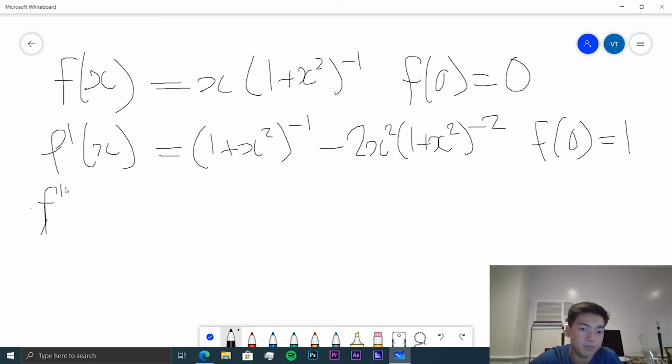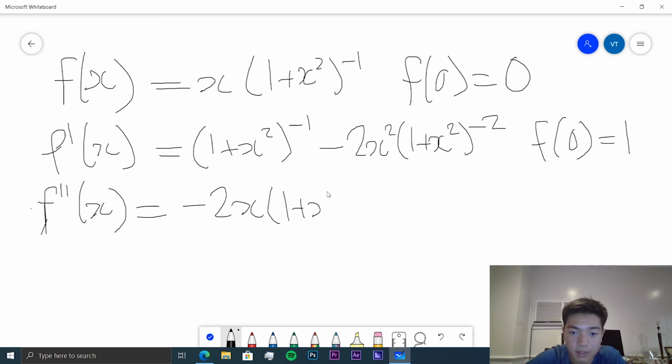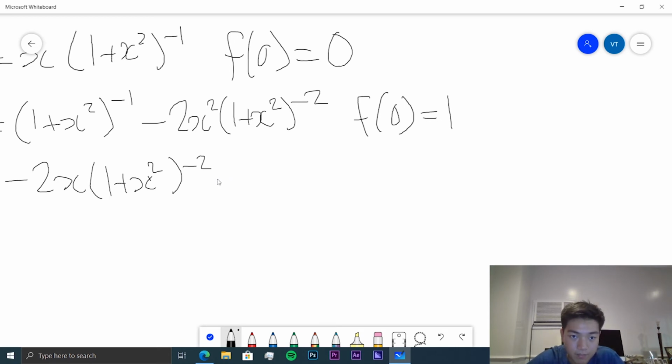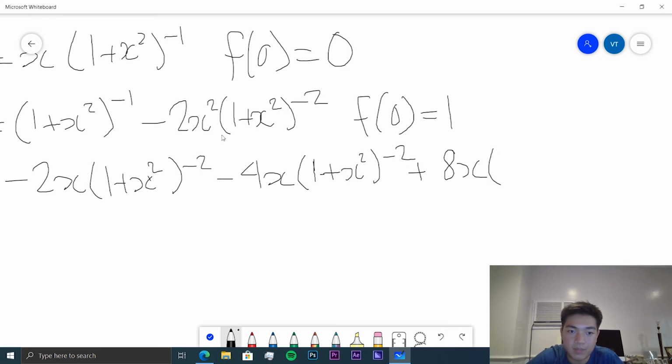Next, f double prime of x is equal to negative 2x times 1 plus x squared to the negative 2, minus 4x times 1 plus x squared to the negative 2, plus 8x cubed times 1 plus x squared to the negative 3.